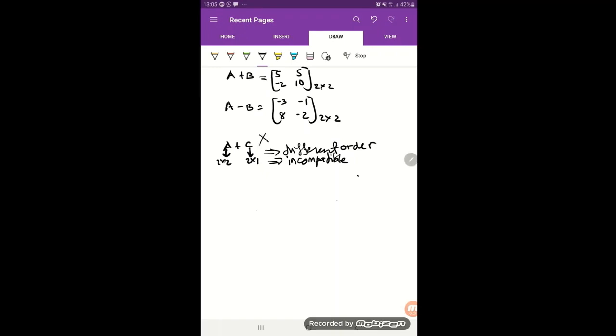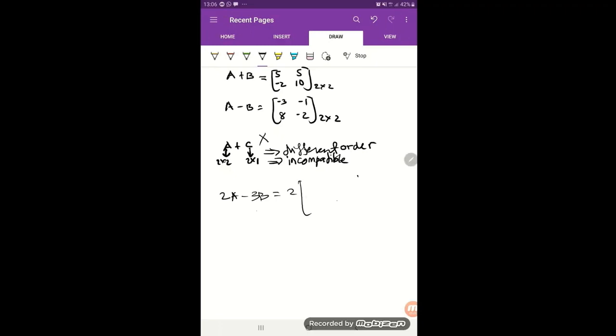So we are going to continue with scalar multiplication. That means how to find 2A minus 3B. Okay, 2A. Matrix A is multiplied by the scalar 2 and matrix B is multiplied by the scalar 3.